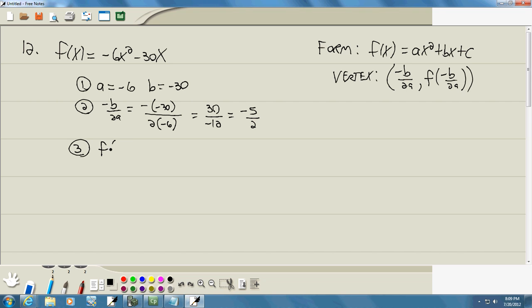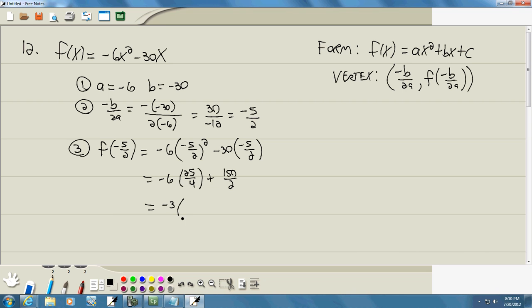Now the next thing we need to do is plug that in to our original function. And I get negative 6 times negative 5 halves squared minus 30 times negative 5 halves. Well, negative 5 squared gives us 25 fourths. Negative times a negative is positive, and we got 150 over 2. Well, 6 and 4 are both divisible by 2. So that gives us negative 3 times 25 over 2 plus 75.